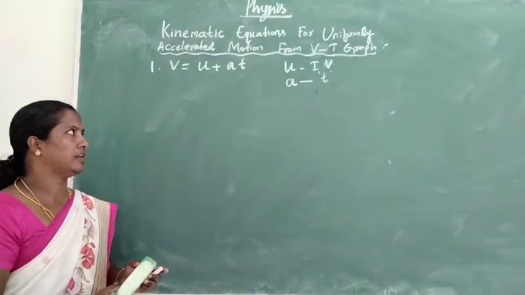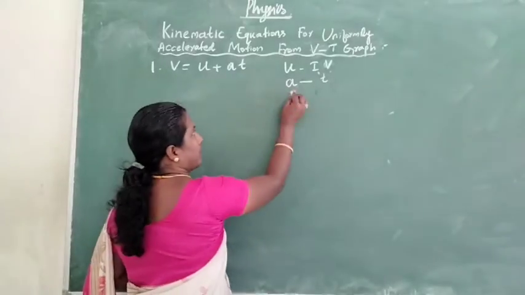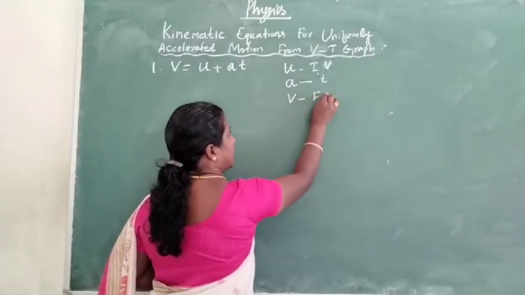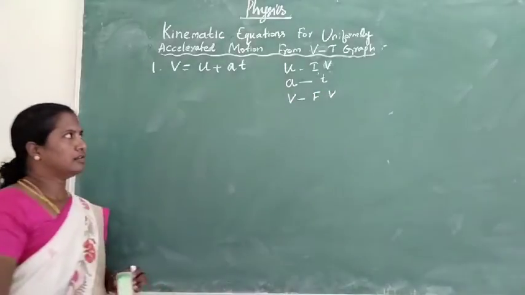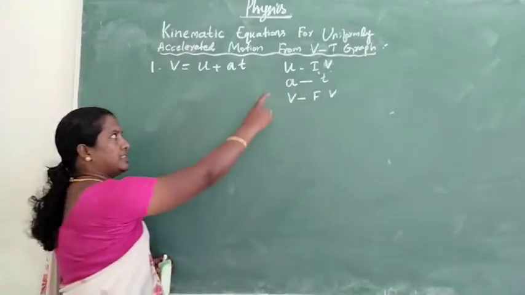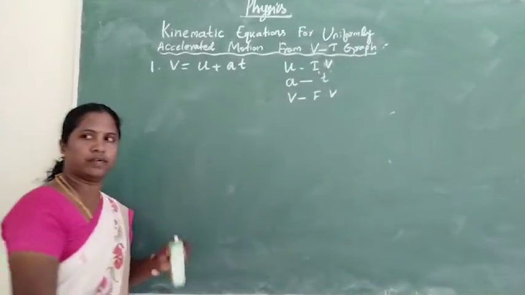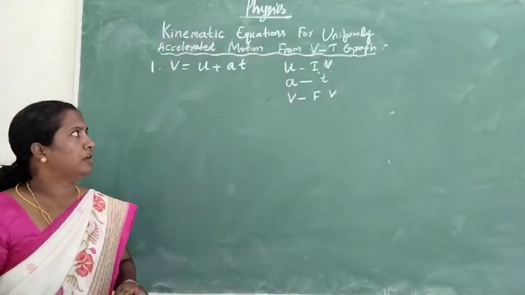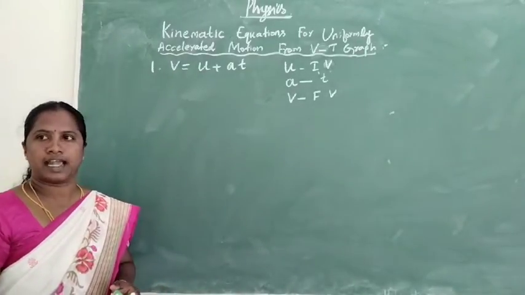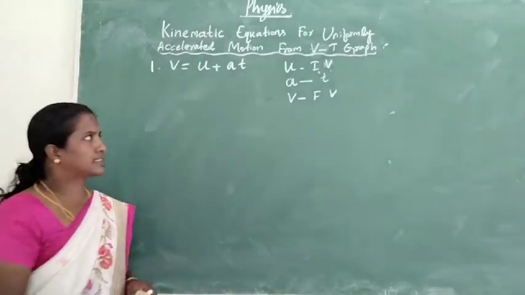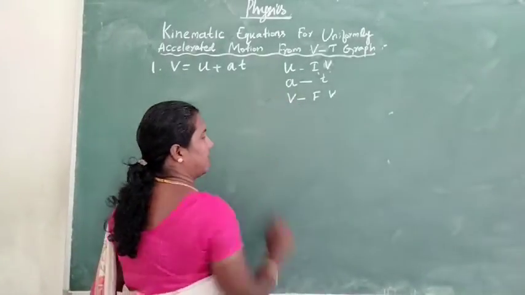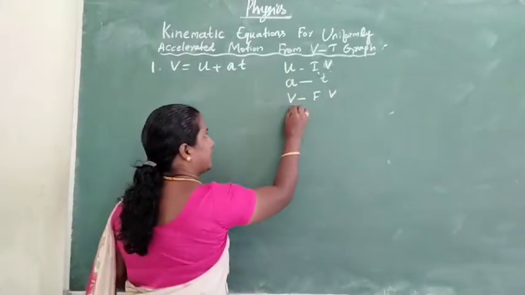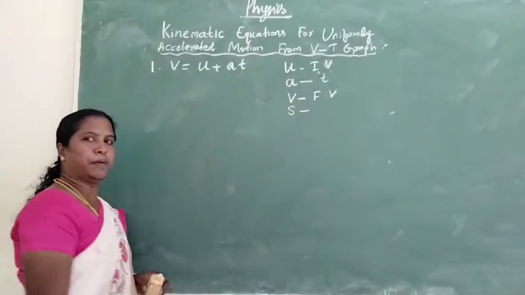The particle is moving with the same acceleration. Let V be the final velocity and S be the displacement made by the particle.